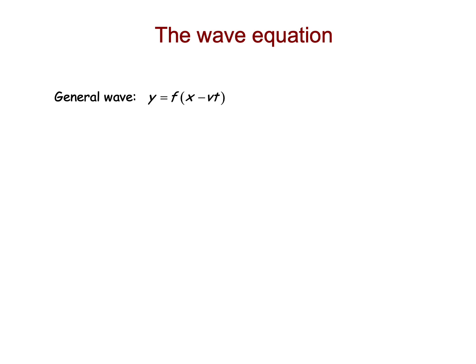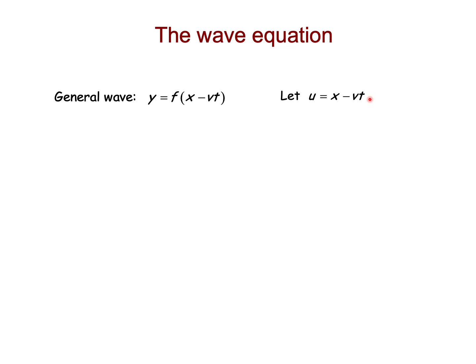So again, as you recall from the last slide, the general form for a wave is a function of the form y equals f of x minus vt. And we're going to do something known in calculus as a substitution. We're going to define a new variable u that is equal to the argument of f, x minus vt.